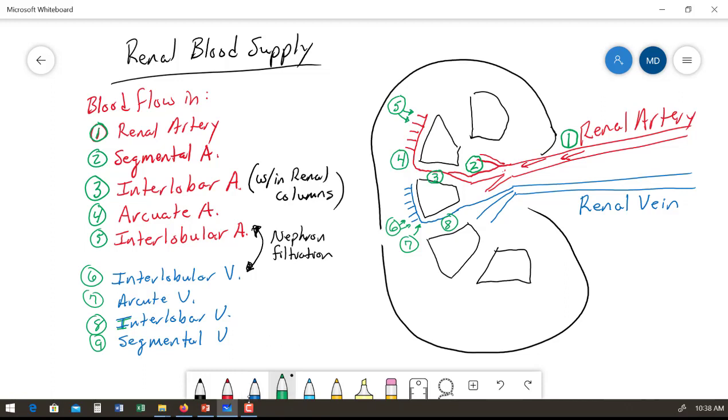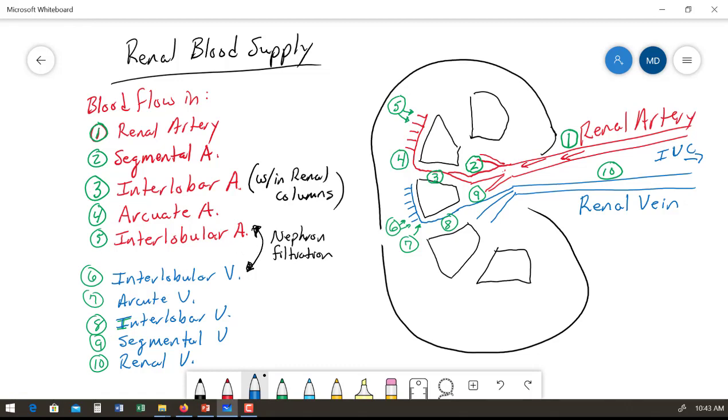And so segmental veins are going to be down here also, so number 9 here in blue. And then lastly, we're going to exit the kidney out the renal vein. And of course that's here. And then from there, this deoxygenated blood is going to flow back into the inferior vena cava. All right, so that's blood flow in the kidney, so you should understand this blood flow into and out of.